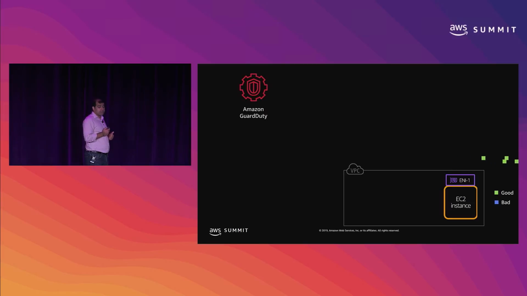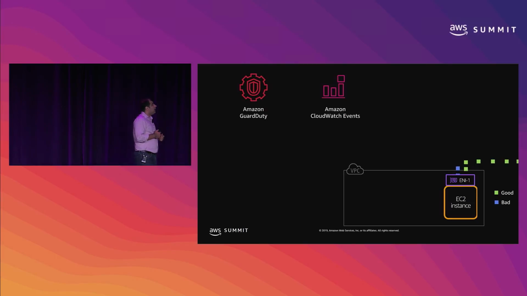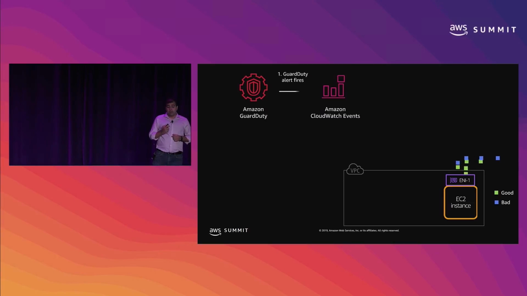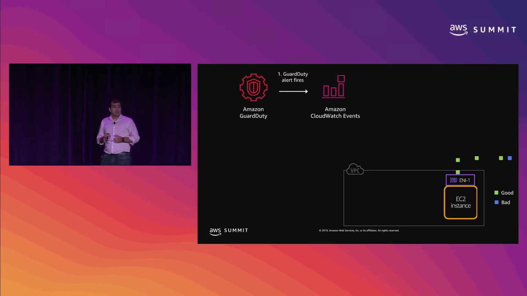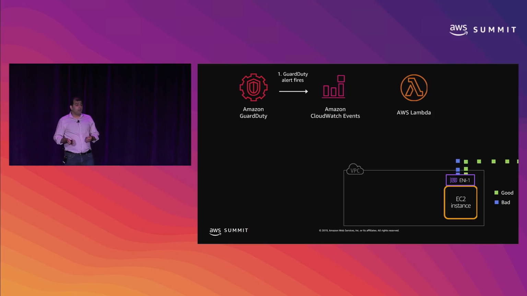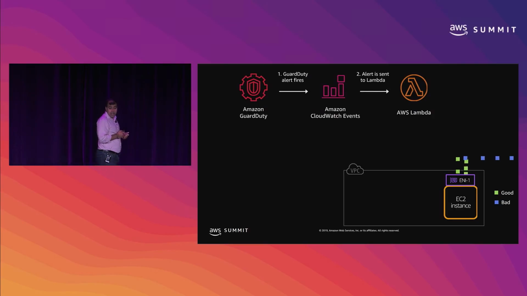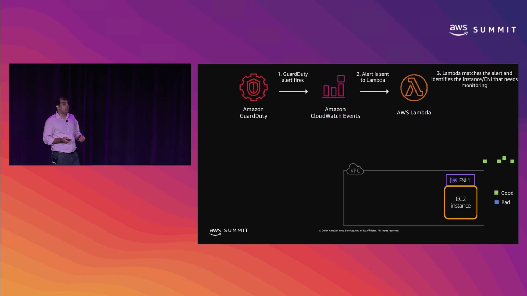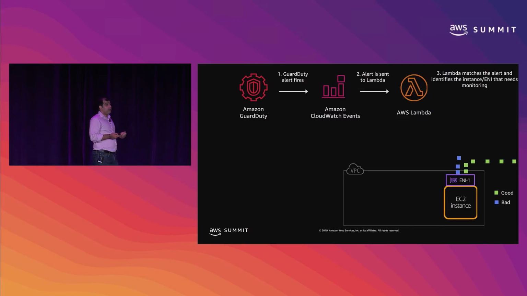GuardDuty comes in and generates an alert that something is wrong. But until 2 weeks ago, you would just stop there, right? You would have to have a human dig into it. But now you can take the alert, enable a Lambda event, trigger the event, and Lambda can go and figure out where this alert was generated and on which ENI there is a potential problem.